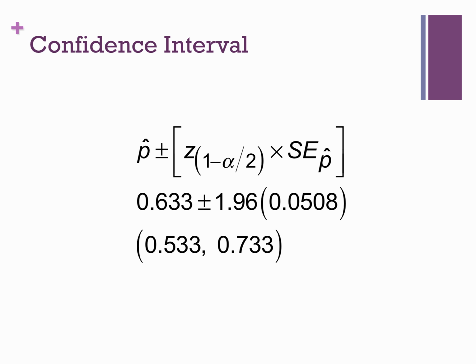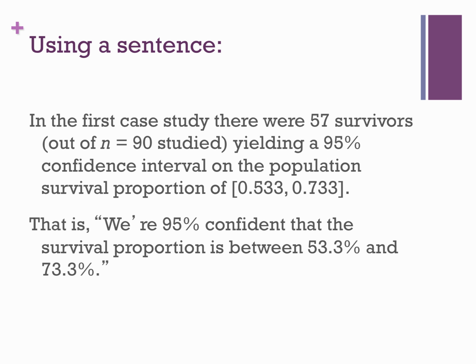We observed 0.633. We're 95% confident that it's between 0.533 and 0.733. In other words, we're 95% confident that the survival proportion is between 53.3% and 73.3%. What do you notice? Our null hypothesis of 0.44 is not contained within that bound. 0.44 is way to the left of that lower bound.